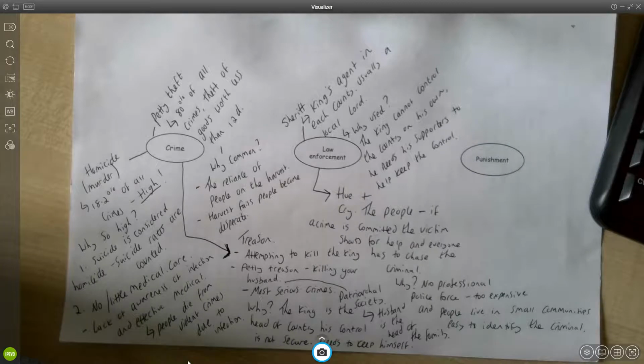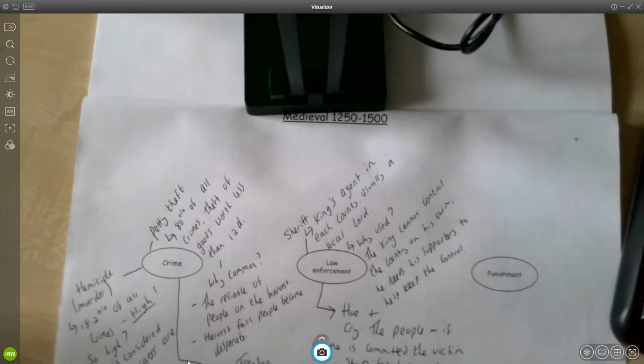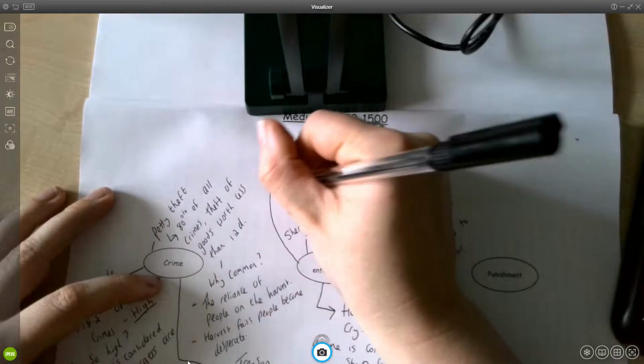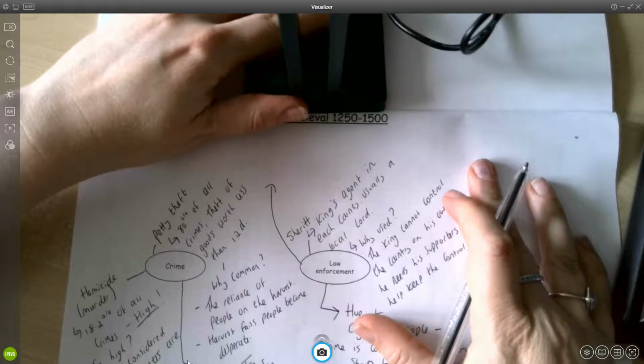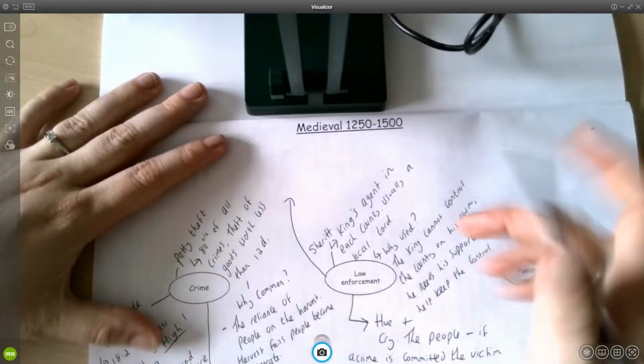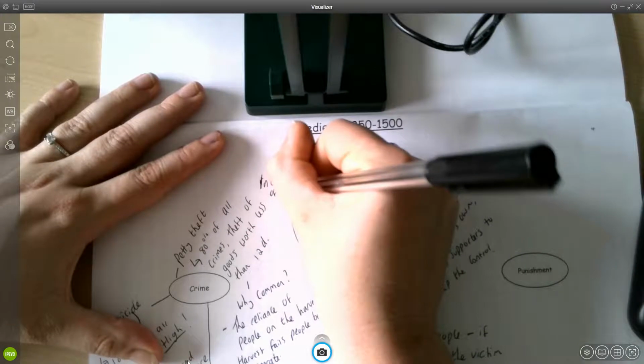So we've looked at two types of law enforcers, but there's also another section to law enforcement, and that is the courts. Okay, now there's a change in the courts, which I think is the good one to remember for the medieval period. So I'm just going to try and pop it up here at the top. And we have the introduction of the county assizes.